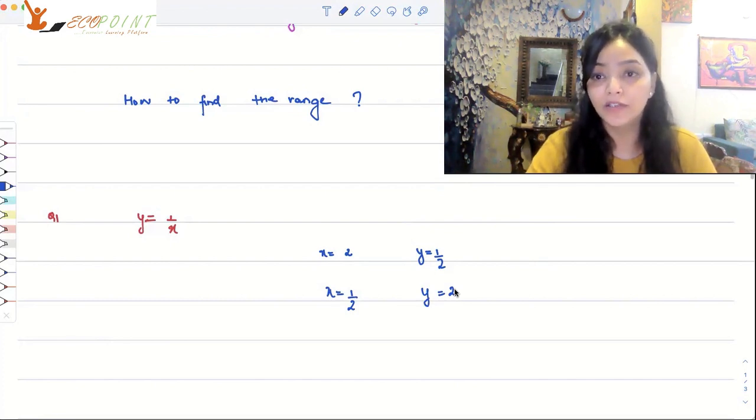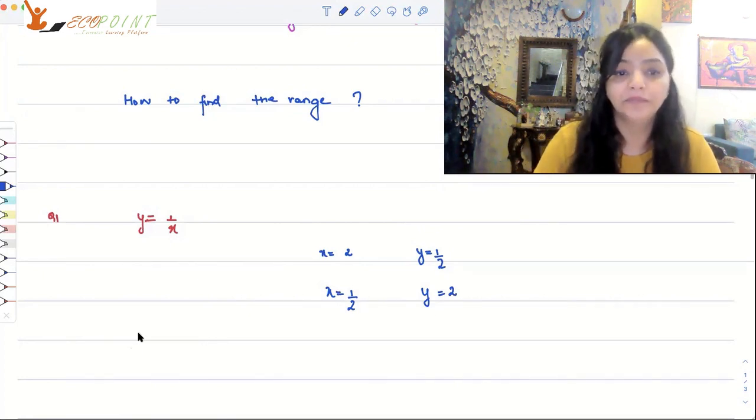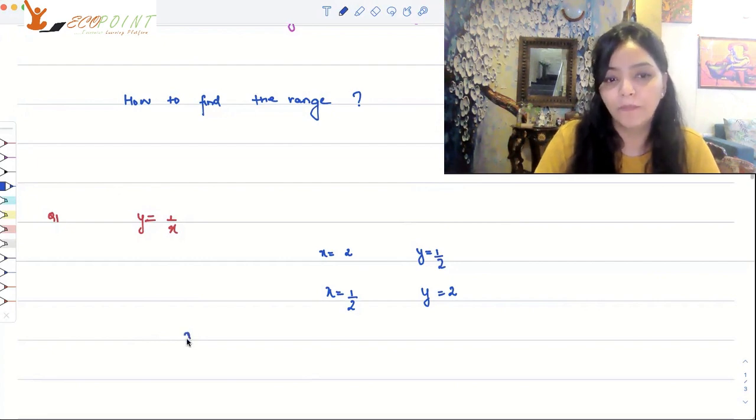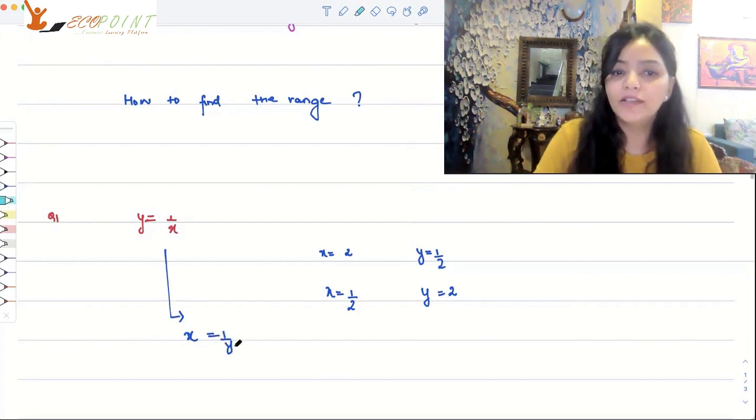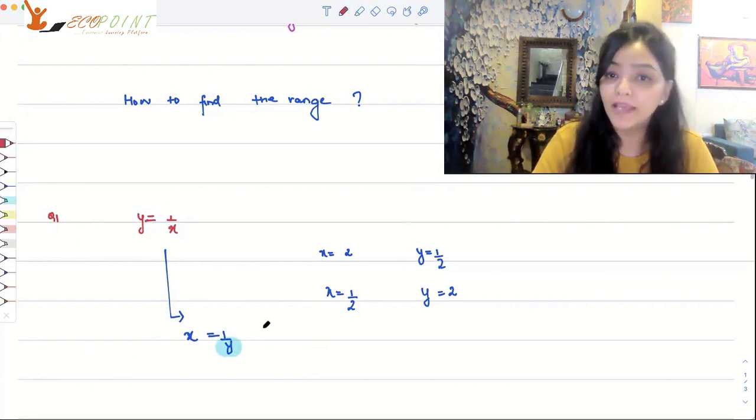Do you see any restriction coming in? Do you think there's any number which you will not be able to actually create? Well, in other words, if y is equal to 1 upon x, I can say that x should be equal to 1 upon y, right? So do you think there is any restriction on y, like the way you had restriction on x?